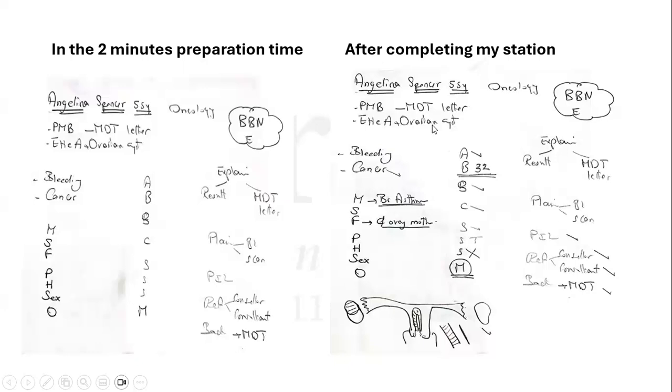And here, after discussing with my patient, I did discuss the cancer point and the bleeding point. The patient turned out to have bronchial asthma and a family history of ovarian cancer in her mom. Her body mass index was 32, and she was living alone, so she has no support.